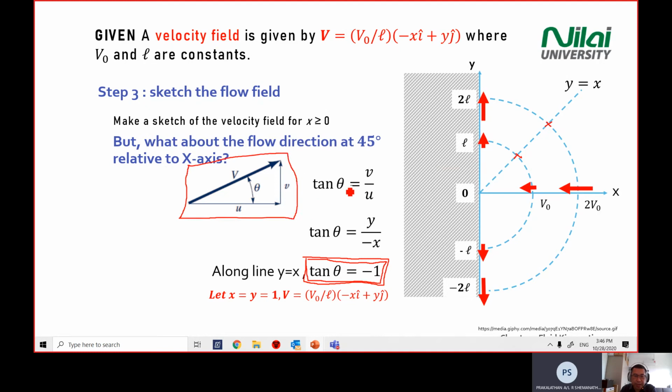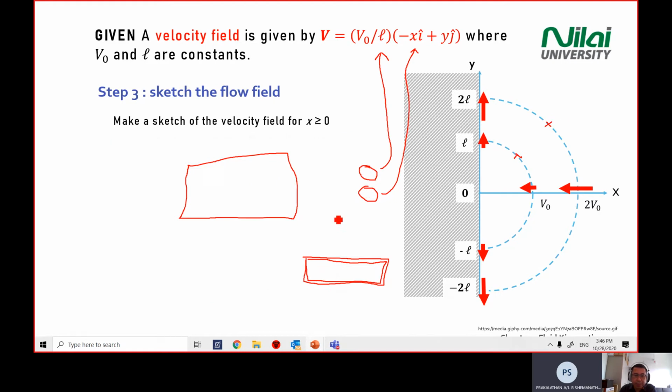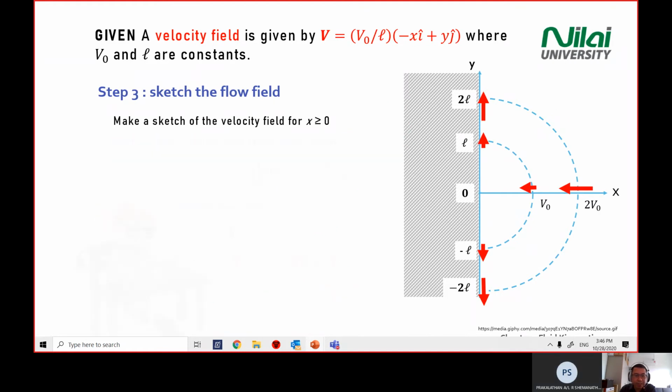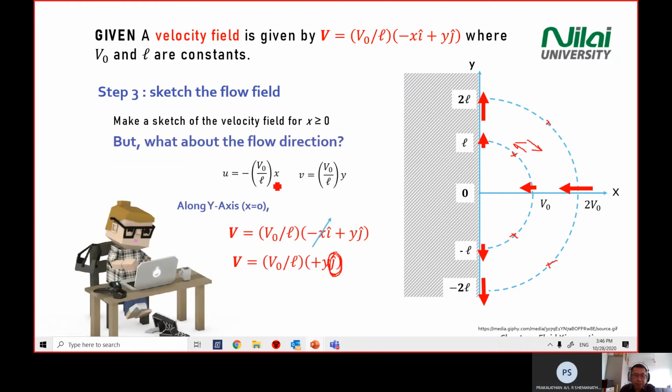And how do we get -1? Because of the u and v values we got from this equation earlier. Understand? So when we substitute what we meant by u and v just now and simplify the equation, you will get -y divided by x. You still remember what u and v mean? This one. We substitute. We extract from this equation.